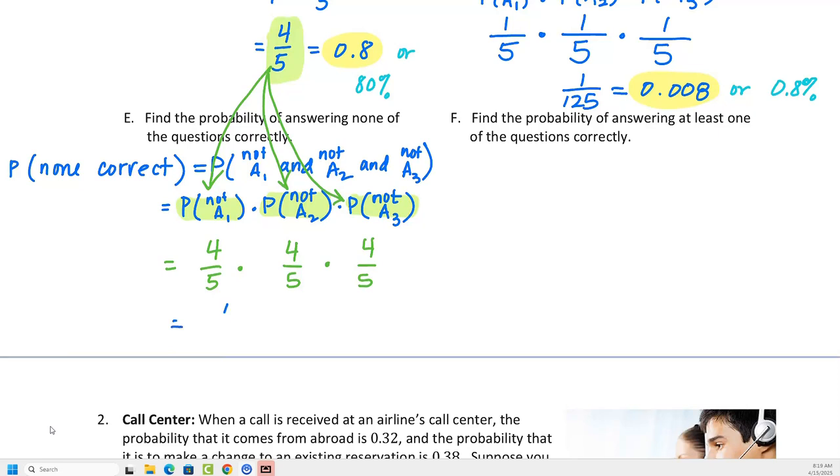Which, isn't that 64 over 125? So I'm going to stick that on my calculator, and I'm going to get 0.512.